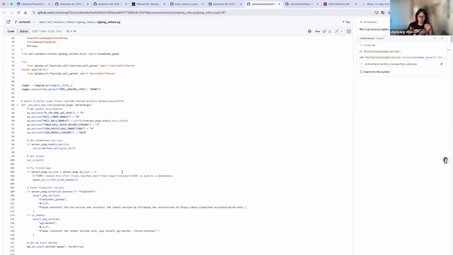So asynchronous rollout is specifically used in multi-turn agentic or tool usage. When you are using tools in the rollouts, we propose asynchronous rollouts.